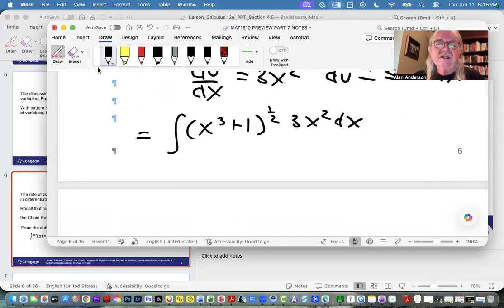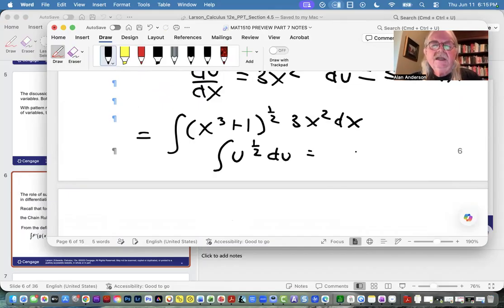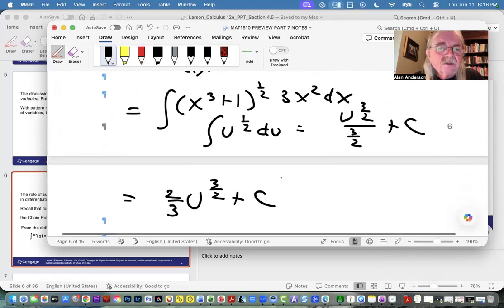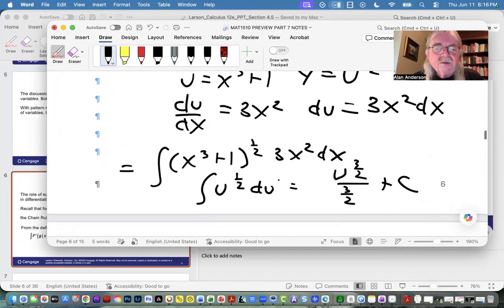Okay, so here, for example, that's going to be u to the 3 halves over 3 halves plus c, which is the same thing as 2/3 u to the 3 halves plus c. And of course, u originally was defined as x cubed plus 1.